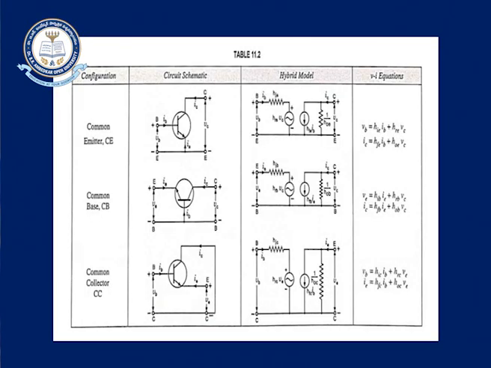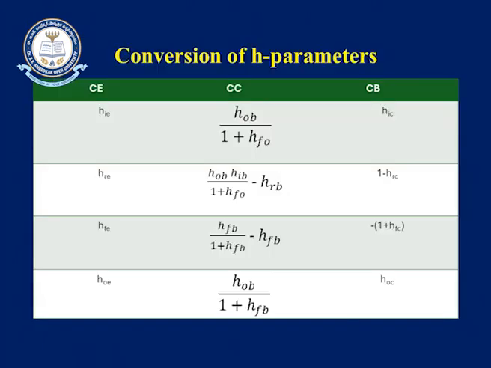Using this, we can write these H parameters in CB, CE and CC configurations. Again we convert these H parameters from CE to CB, CC to CE, one by one among the 3 configurations, CE to CC, CC to CB, CB to CE. So these are the final values we will get after conversion.